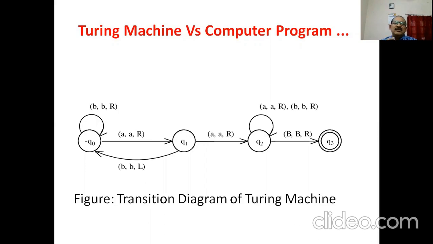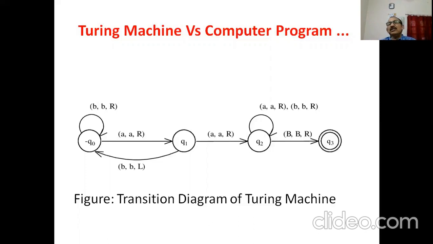On the basis of this discussion, we can conclude that when a word is given to a Turing machine, three situations may arise.